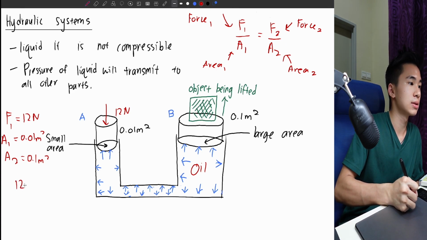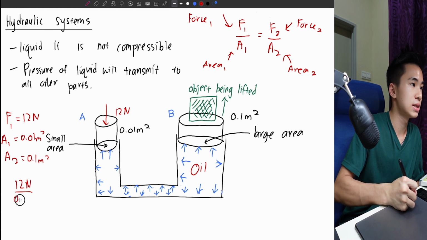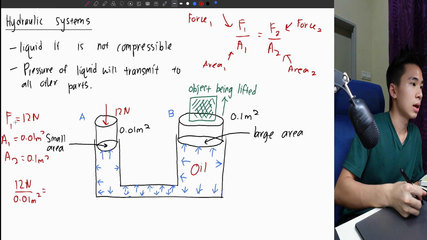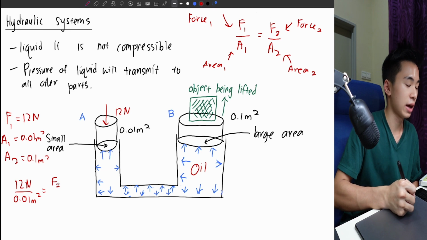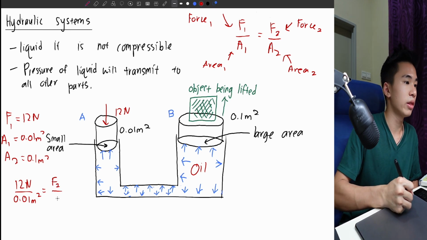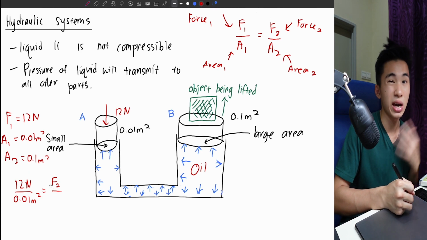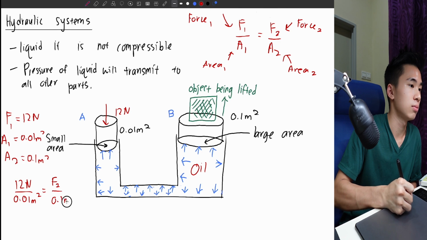So let's put it into this formula and see what we will get. 12 newtons over area A1, 0.01 meter square, equals F2, which is an unknown, over the area A2, which is our final area, 0.1 meter square.